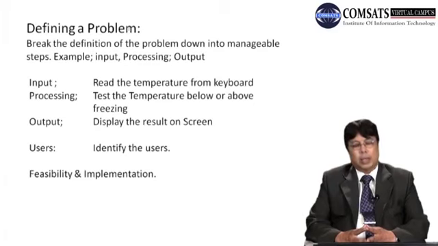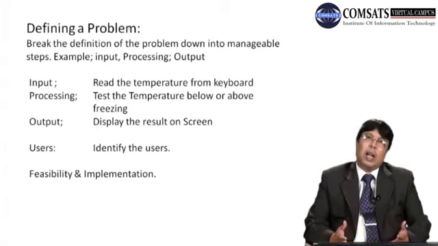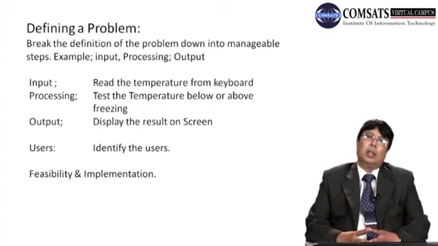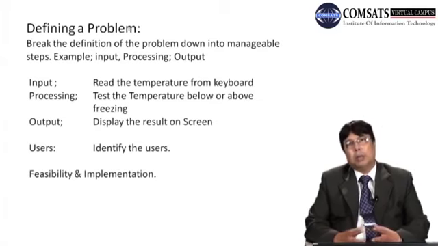Then the feasibility. In feasibility, you might remember in the last lecture we talked about what time it will require to develop the program, how much maintenance time will be required, how complicated it would be to maintain the program.